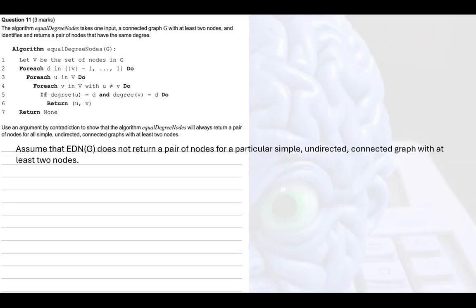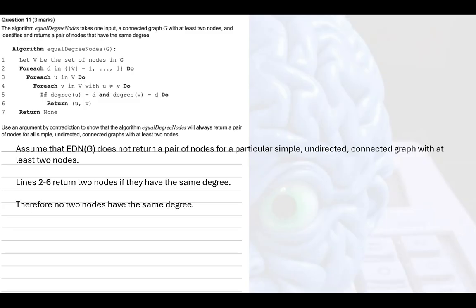It has been tested, so it's worth knowing about so you don't have to figure it out as you're going along. So we can see that lines 2 to 6 will return two nodes if they have the same degree. And if we're assuming that the algorithm does not return a pair of nodes, it means that no two nodes have the same degree. All right, well, let's think about, is that possible? We've got V nodes, and each one has a degree from 1 to V minus 1.